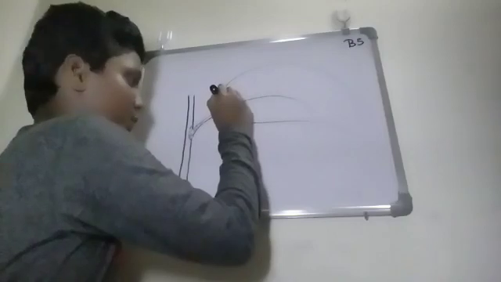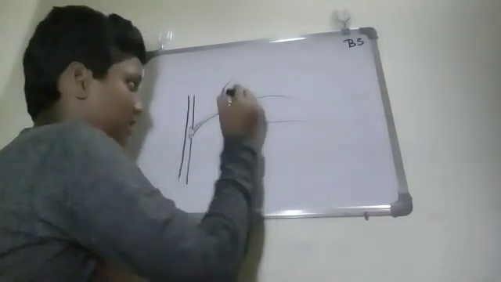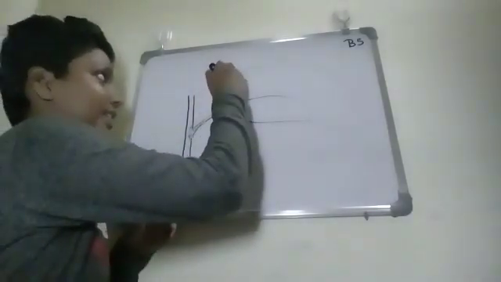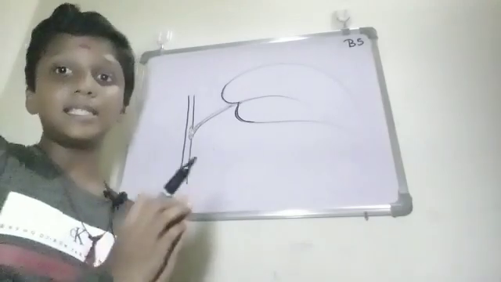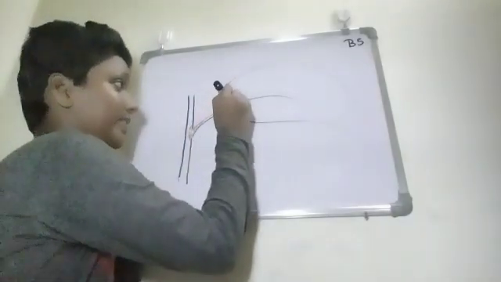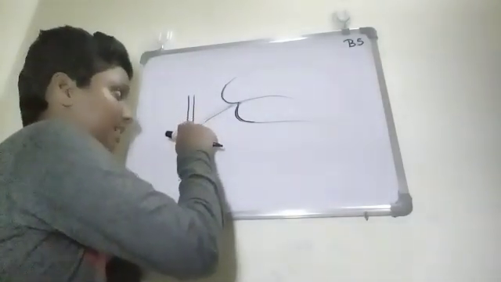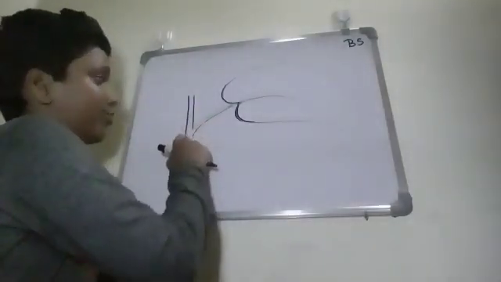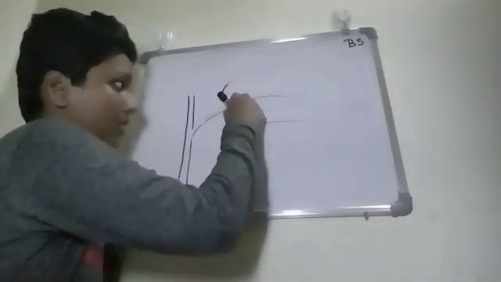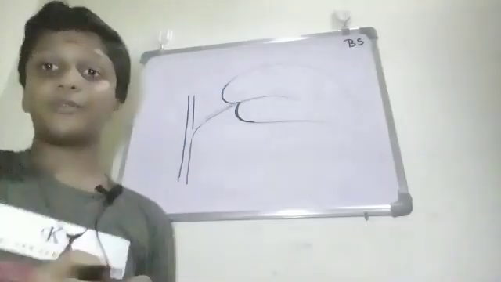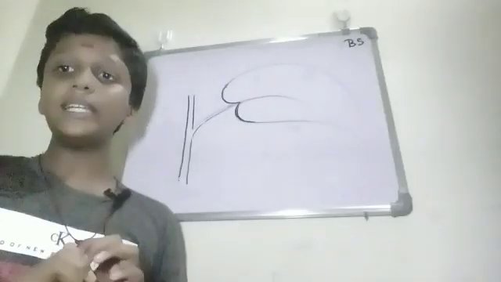But this portion is also called the leaf base. And usually when you see questions, the leaf base will be denoting this portion rather than that portion. I forgot to mention this. This is the portion which is called the leaf base.